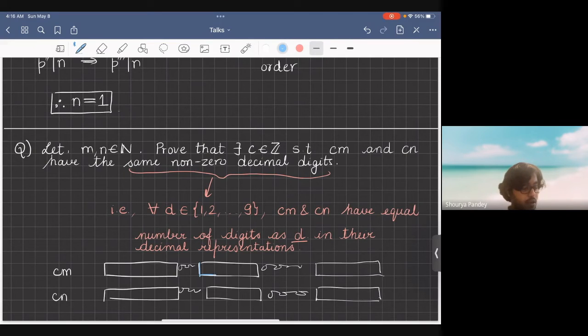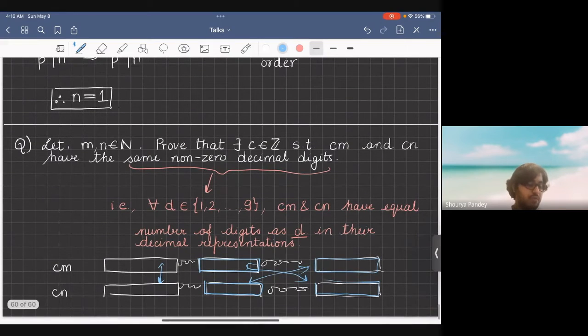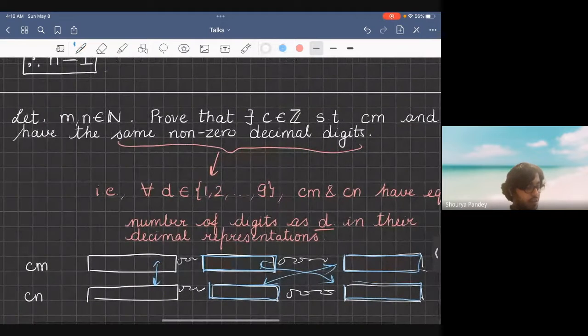Well, not really. I'm saying that the number of blocks can be very few, like 3 or 4 blocks would work, where these blocks are all permutations. Maybe these two are the same or something of that sort. Don't think of too many permutations. Maybe just think of big blocks that you can make. Maybe you can write this as 10 to the power something times this block plus 10 to the power something times this block plus this block.